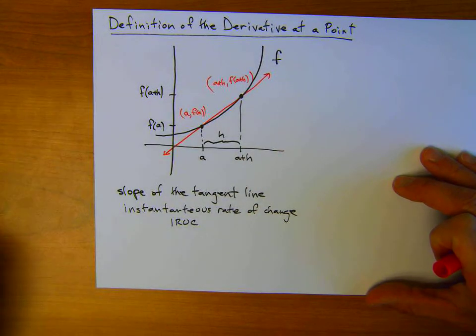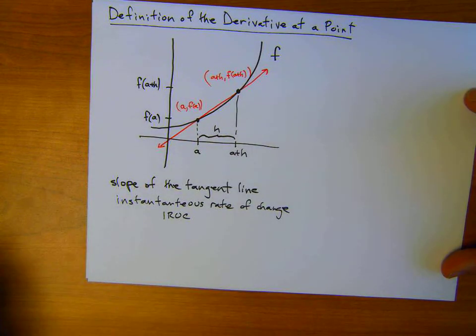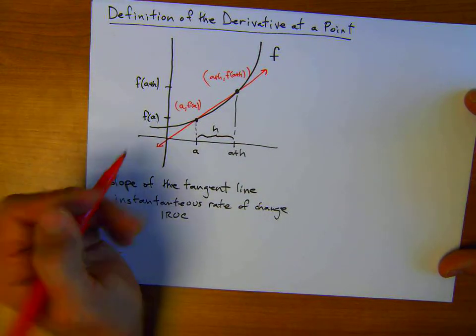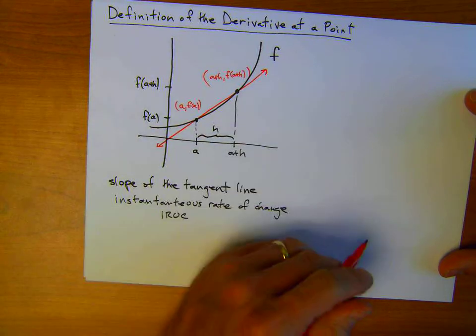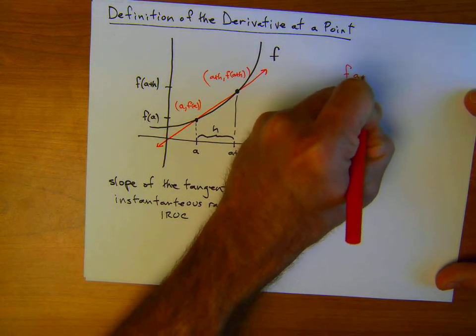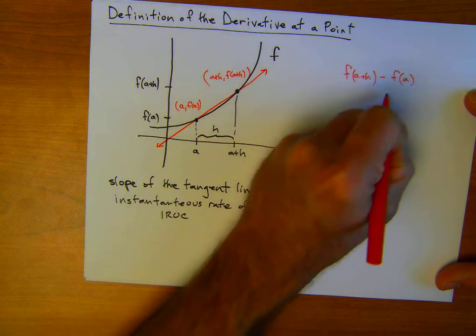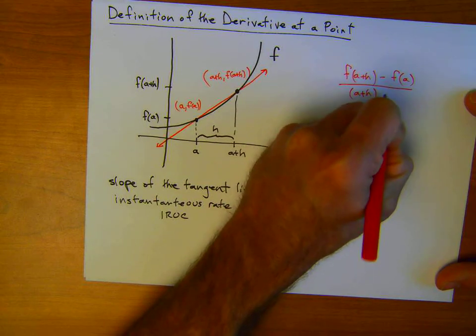So we can determine the slope of the secant line here. The slope of any line is the difference in y over the difference in x, rise over run, however you want to think of it. That gives us f of a plus h minus f of a, over a plus h minus a.